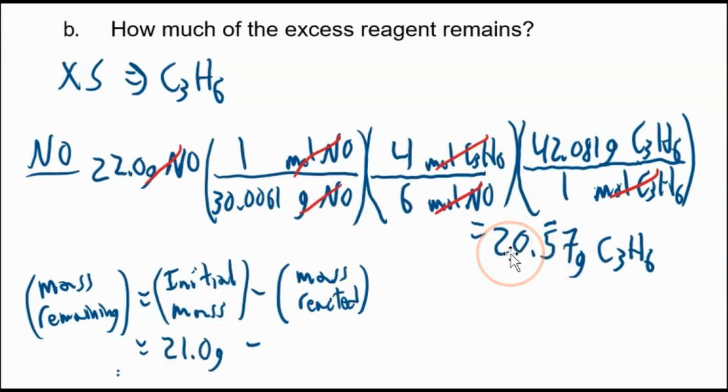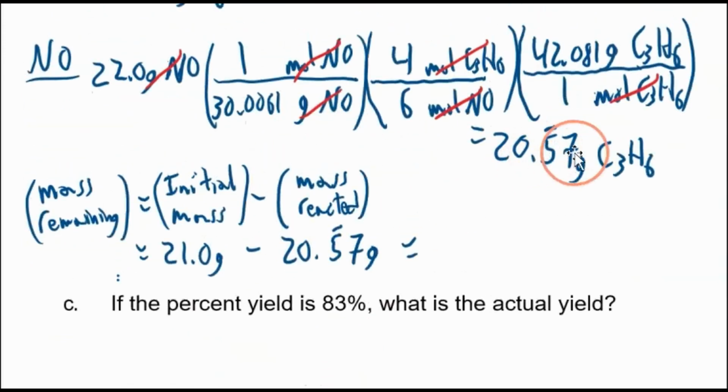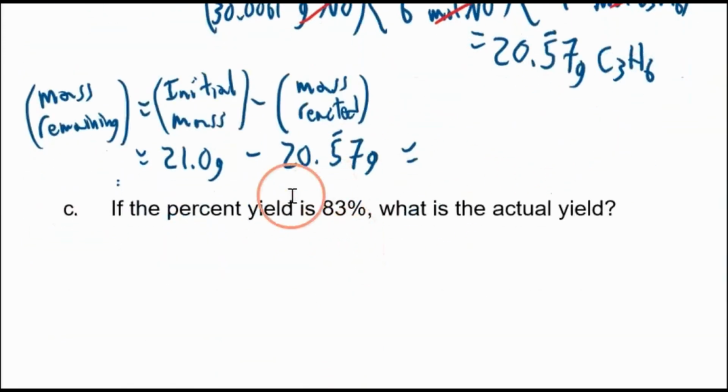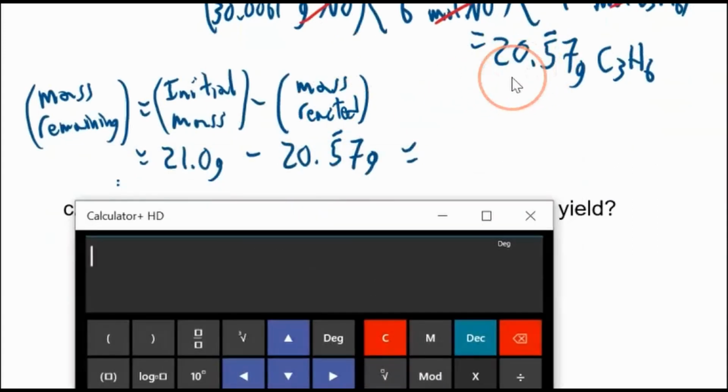The sig figs work out. It's very close. Not much remaining, but there's a little bit left. I recommend using one or two more digits than you actually need if you're going to use this number in further calculations, so you only round once at the very end.